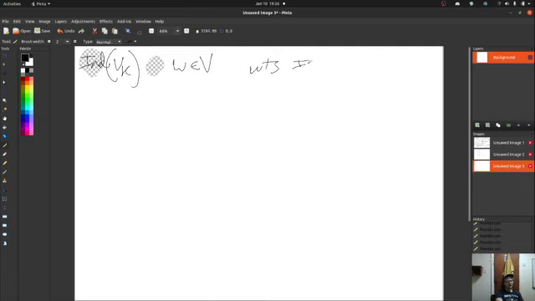Want to show that if dependent of VK plus W, then W is in the span of VK. That's a pretty simple proposition. Can I prove it? I don't know. I don't know how to prove this.